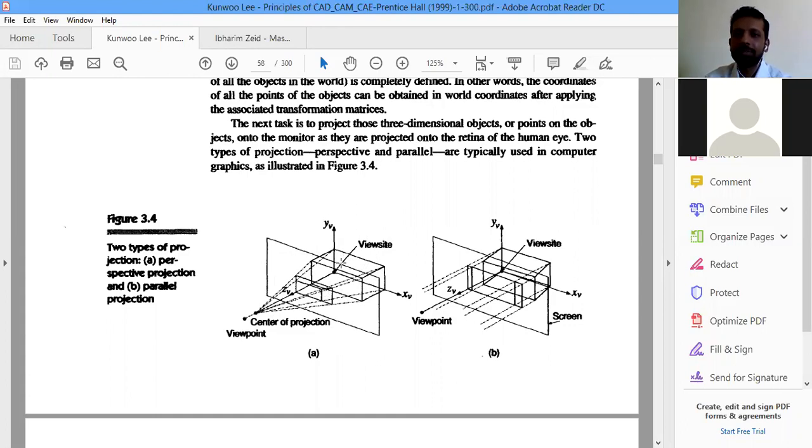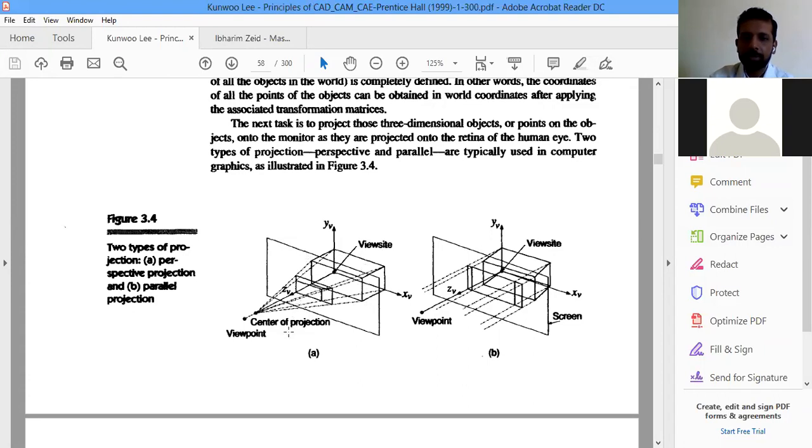But still we have to get it onto the screen so that it fits exactly in a suitable manner. In that case, perspective projection is taken up. It is going to diminish all the points equally and get the same shape but of a smaller size which can fit onto the screen. So that is the perspective projection.